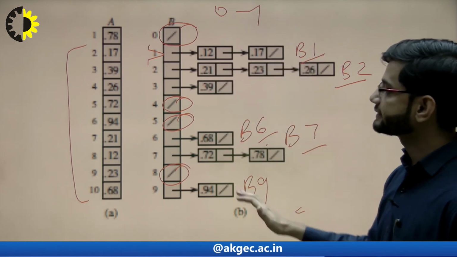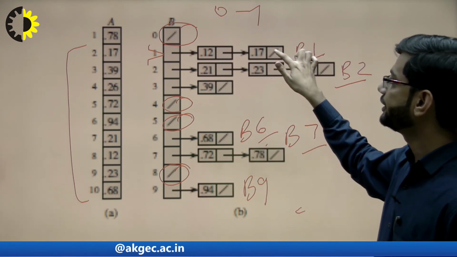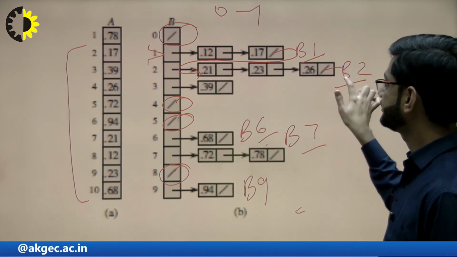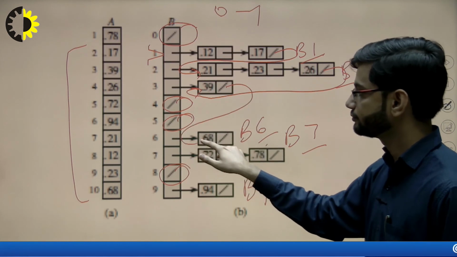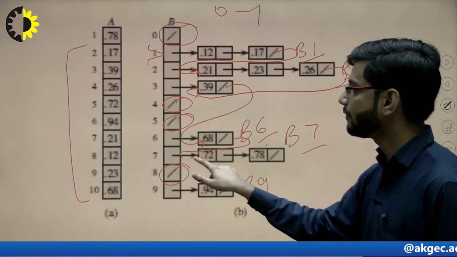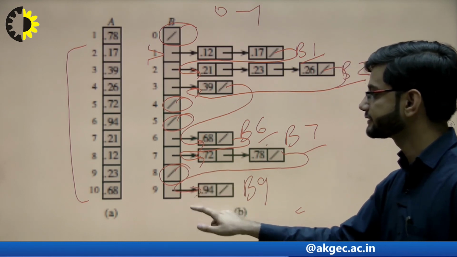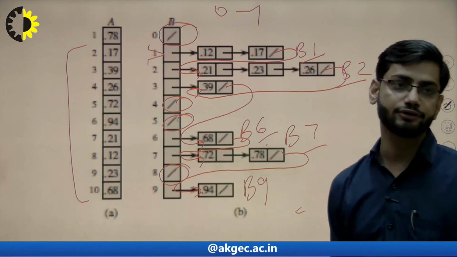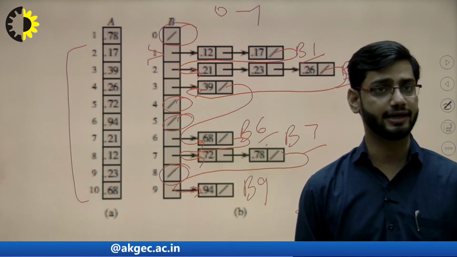So these buckets are sorted, and now we will remove this dangling pointer and attach it to this list. Then this list will be attached to this, then this too. So with the help of a linked list, we will attach all the buckets, and at last from 0.12 up to 0.94 we will get the desired sorted array.